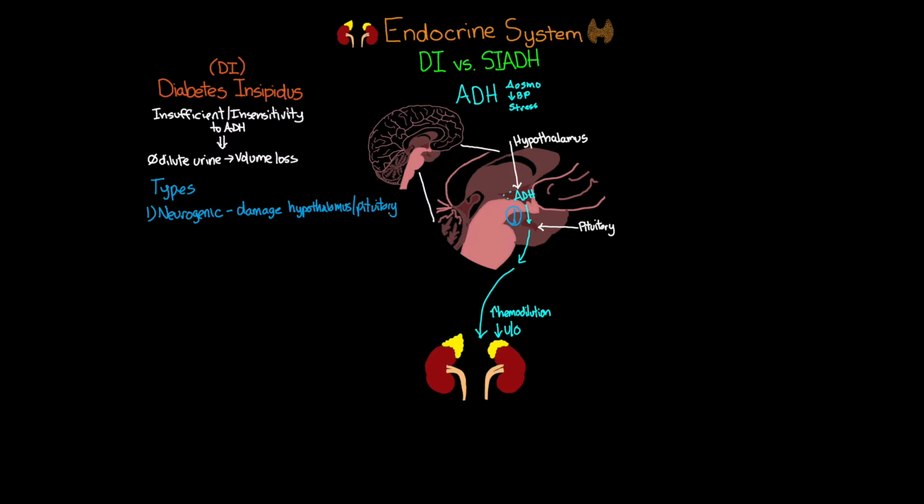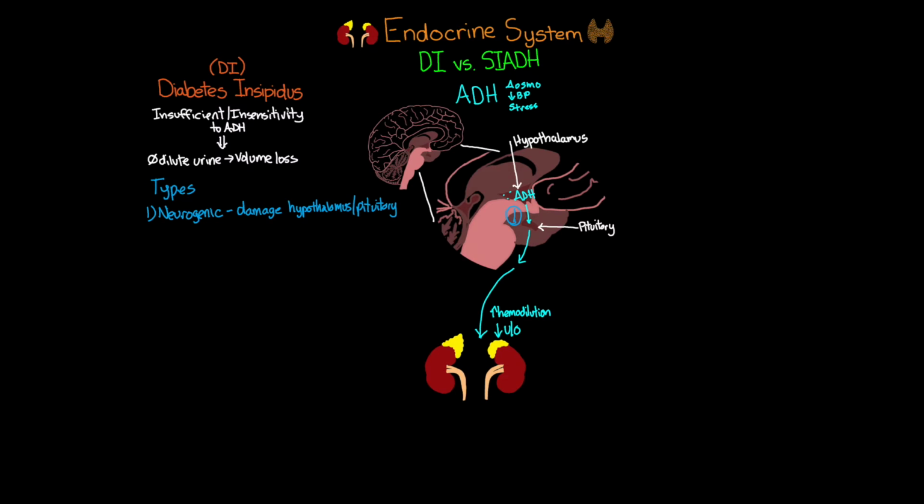And this damage is causing an insufficient either creation of ADH or release of ADH. And so what this means is we're either not going to get ADH or have an insufficient amount of this ADH going to the kidneys to even attempt to concentrate that urine and preserve that volume loss. And as a result, this can actually lead to pretty significant urine output and volume loss.